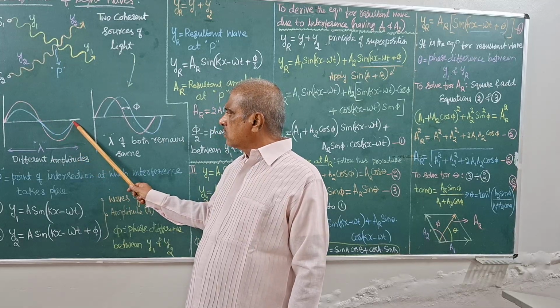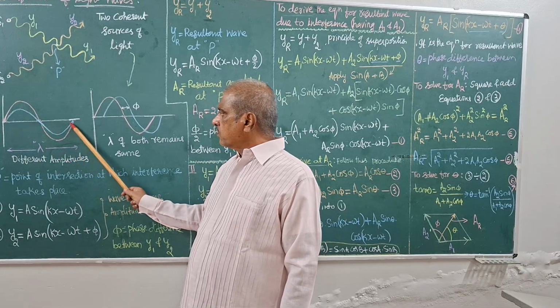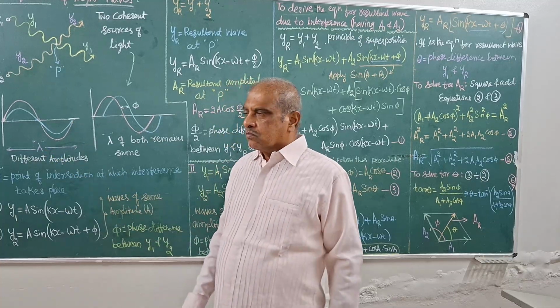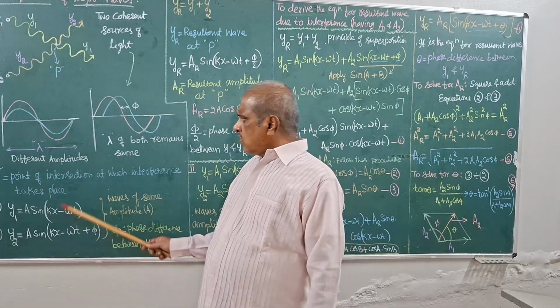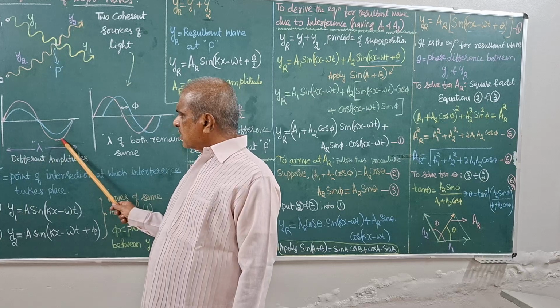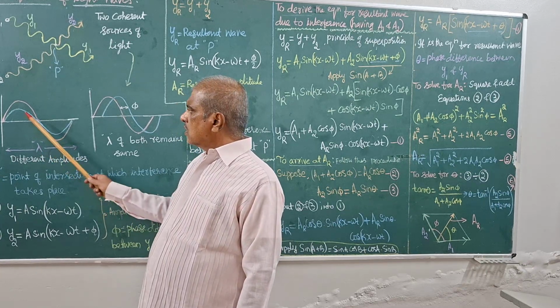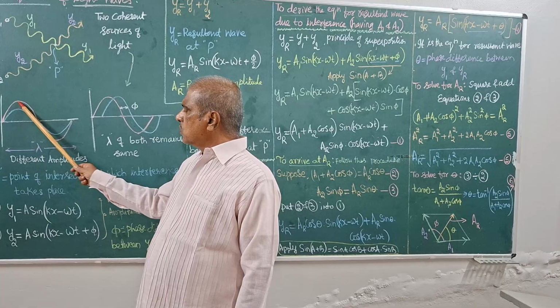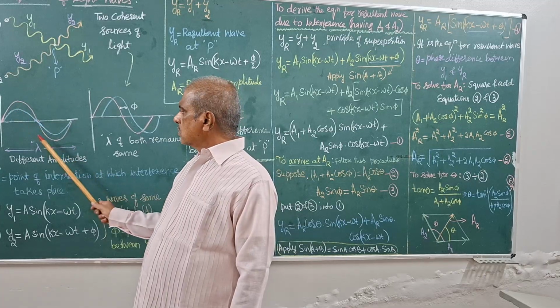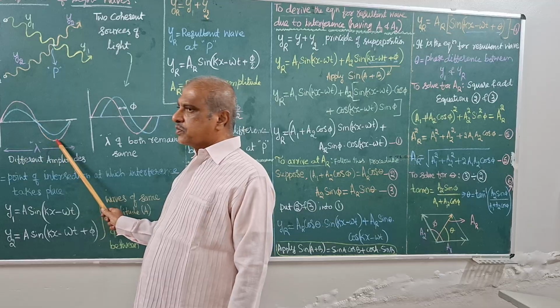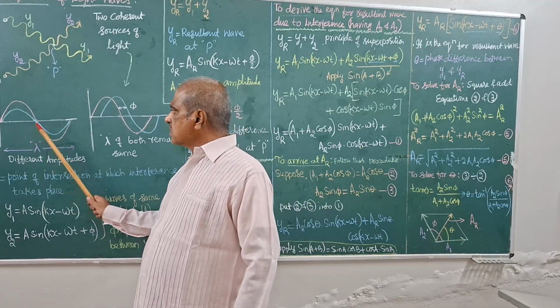This is one wave and another wave. Both of them have the same wavelength. But what difference do you find among them? The amplitude difference. One has more amplitude, one less amplitude, positive and negative. But the wavelength remains the same.